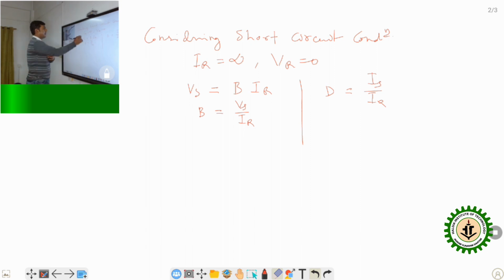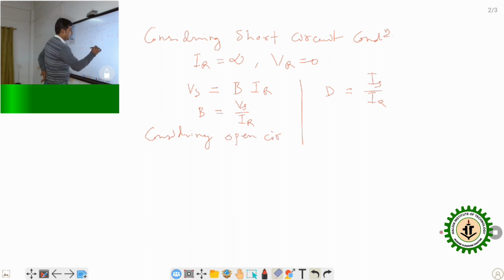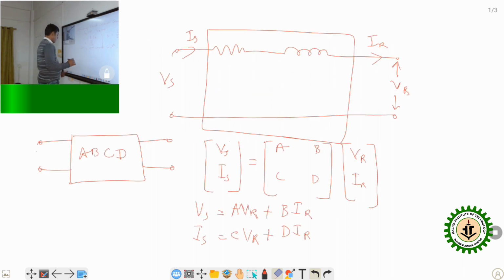Similarly, considering open circuit condition, in open circuit condition, that means what happened?